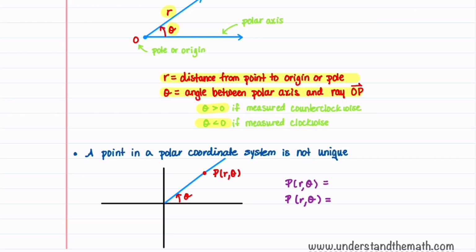A point in rectangular coordinates is unique, but a point in polar coordinates is not unique. Here we have a point P written in terms of r and theta. Let's look at the angle theta plus pi.